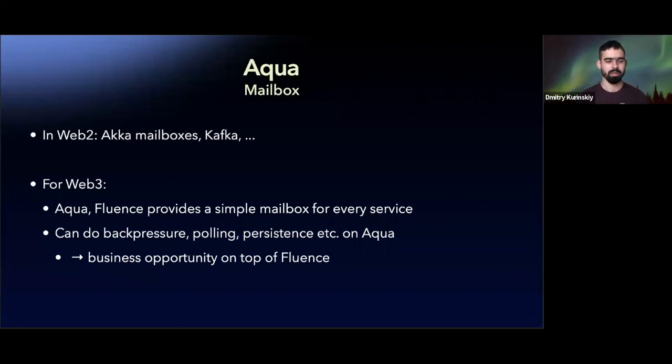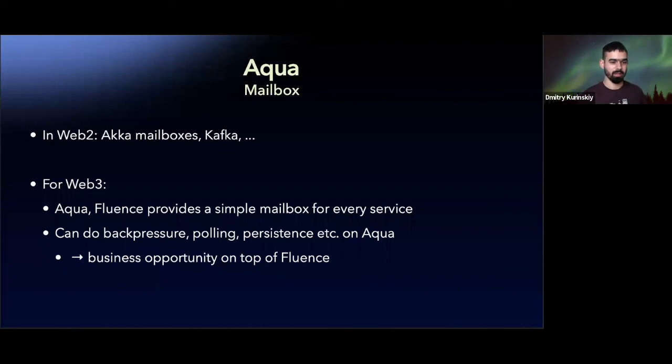For Web3, you have a simple mailbox for every service on every peer, but it's kind of limited. Just like in Web2, the built-in mailboxes are very simple. But with Aqua, you can do more complex patterns like back pressure, polling, persistence, and so on.